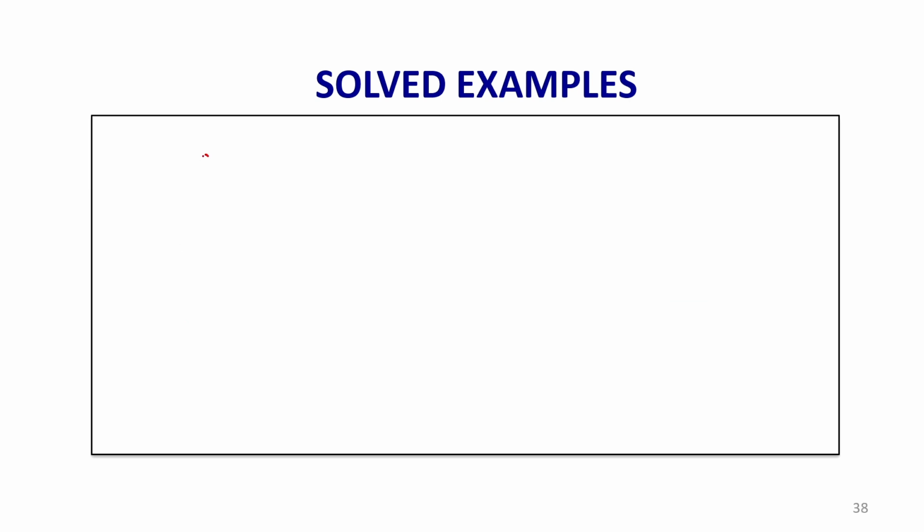Now, how to find enthalpy at 2? Let us go to state point 2. Enthalpy at 2 is equal to H2 dash plus Cp of vapor into T2 minus T2 dash. Again the Cp of vapor is found at the average temperature of T2 plus T2 dash by 2.